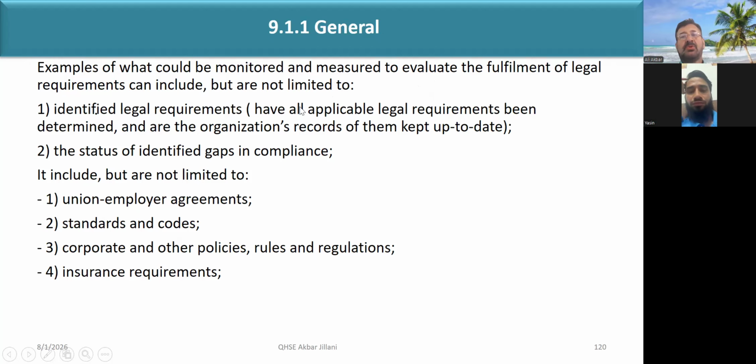Identified legal requirements. Like, when we are talking about this legal requirement evaluation, you have cranes, yes? You have forklifts, yes? You have compressors, yes? Now, we are coming to the UAE Ministerial Order 32 of the year 1982.